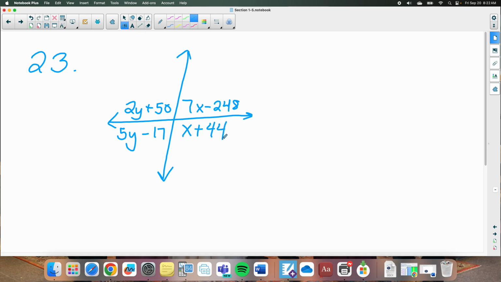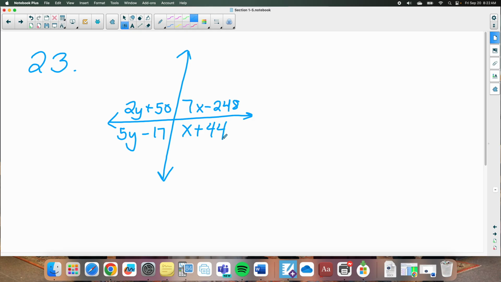Okay, so this is number 23, and first of all, you have two y's and two x's. You always want to do one equation with your x's and one equation with your y's. How you set them up, remember, you have those notes. If they're a line, you set them equal to 180. If they're across from each other and vertical, you set them equal.